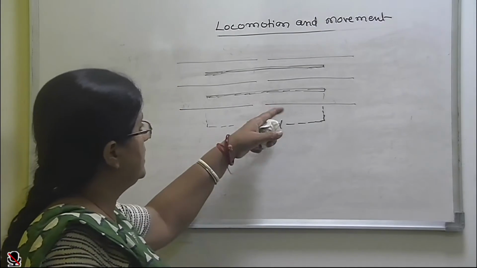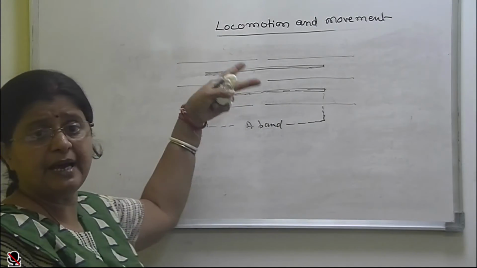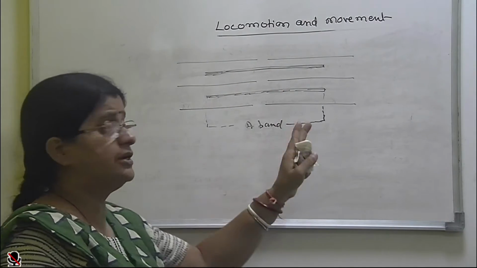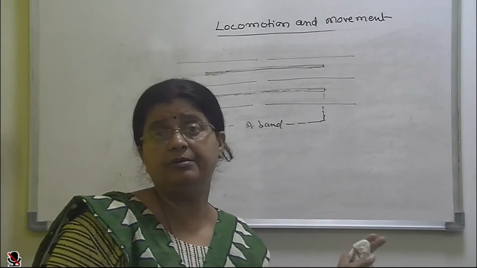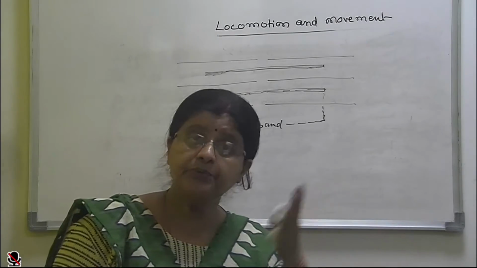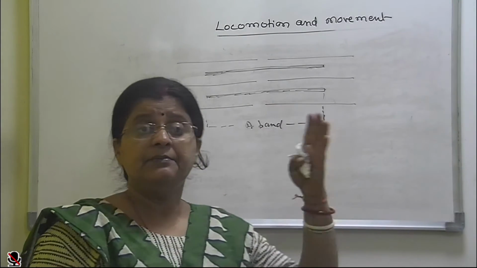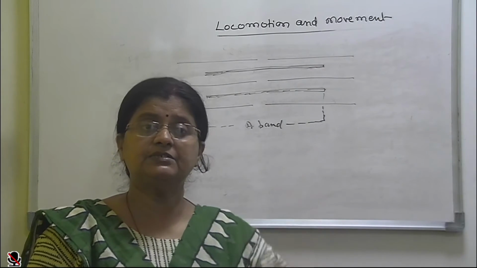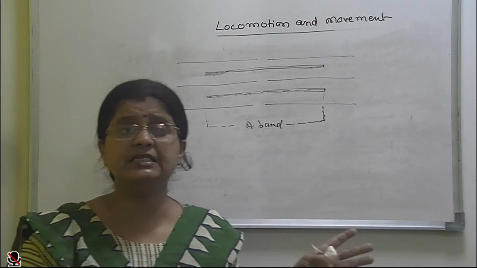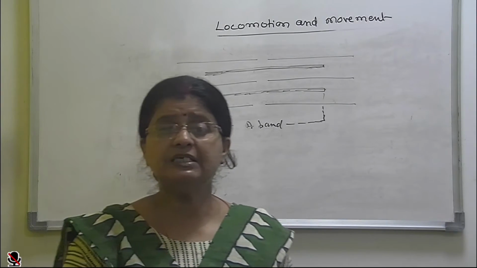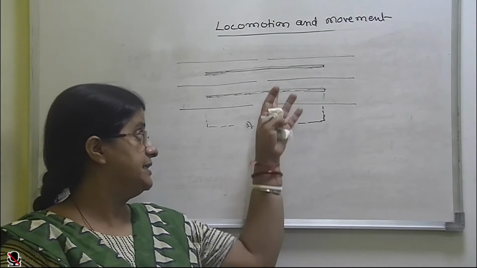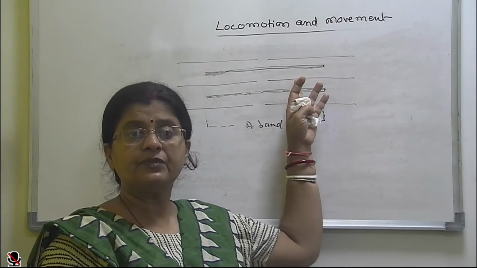Now here you can see that these bands are arranged parallel to each other, and parallel to the longitudinal axis of the myofibril. Actin filaments are thinner than the myosin filaments, so we get thick and thin filaments simultaneously. You see this here, right?